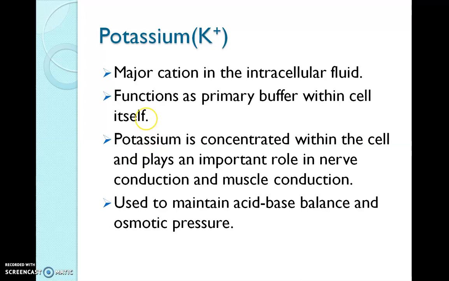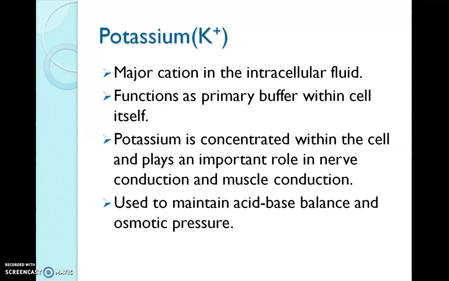Next we discuss the potassium cation. It is the major cation in the intracellular fluid. Intracellular fluid is the place where most of the fluid in the body is contained. It also functions as the primary buffer within the cell itself.